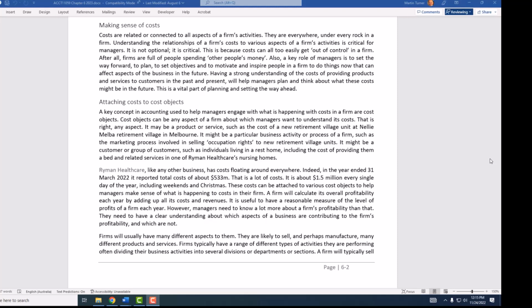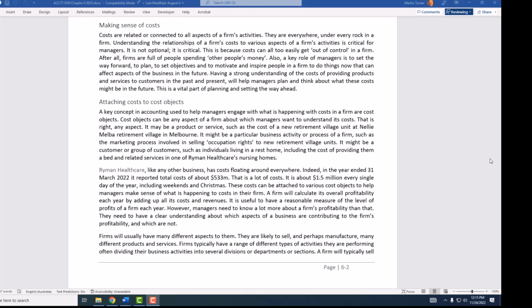Attaching costs to cost objects. A key concept in accounting used to help managers engage with what is happening with costs in a firm are cost objects. Cost objects can be any aspect of a firm about which managers want to understand its costs. That is right, any aspect. It may be a product or service, such as the cost of a new retirement village unit at Nellie Melba Retirement Village in Melbourne.